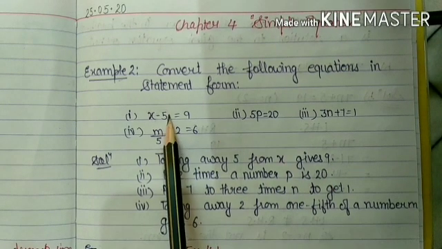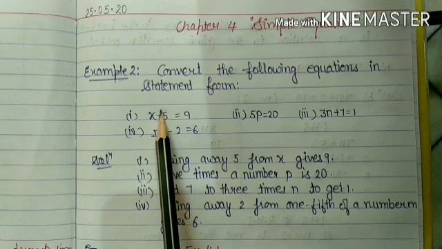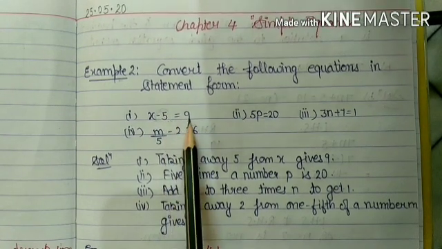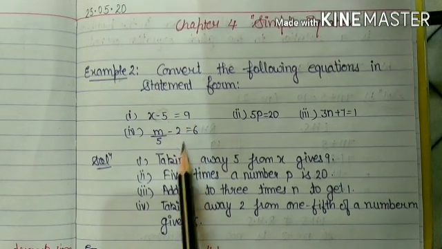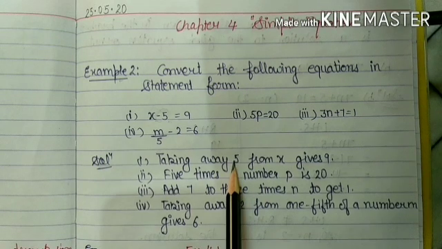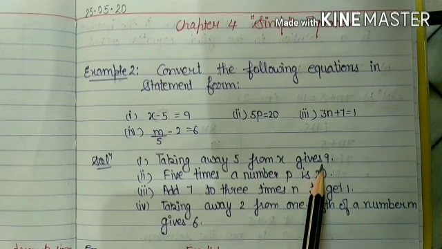As you have seen here, 5 is subtracted, which means you are giving away 5. Then it is giving you 9. So, taking away 5 from X gives 9.